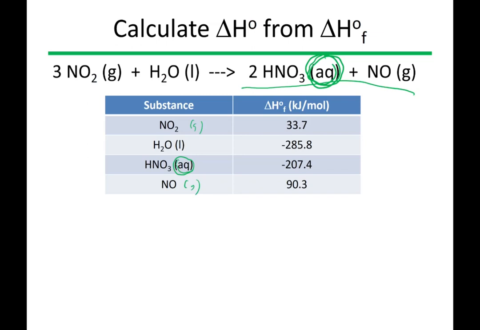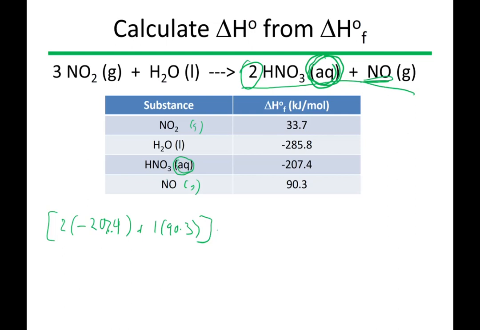So for the HNO3, we have our product, and it's negative 207.4 kilojoules per mole, and since there is a 2 in front of it, we need a 2 times that. We have to add our other product, that's NO. So here's our NO. We only have one of those at 90.3.